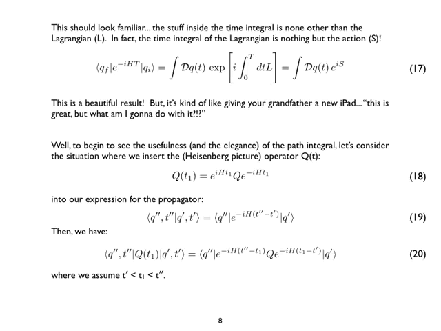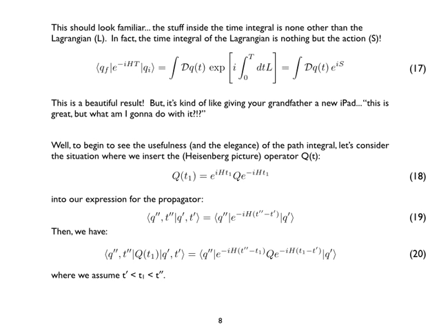We know we could go back and forth between the Heisenberg picture, where the operator depends on time, or the Schrödinger picture, where the operator doesn't depend on time, but the time evolution is given by sandwiching this guy between these two time evolution operators, from time t prime to t double prime.